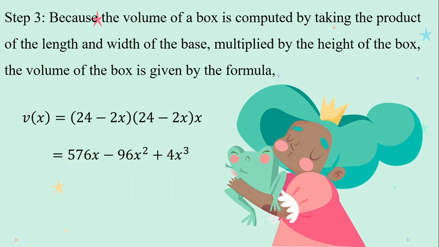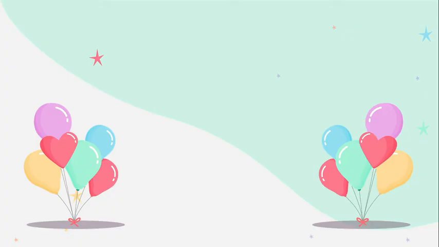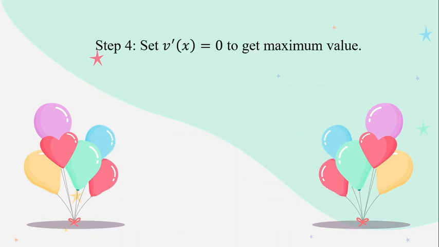equals 576x minus 96x squared plus 4x cubed. Step 4. Set V'(x) equal to 0 to get the maximum value. V(x) equals 576x minus 96x squared plus 4x cubed.